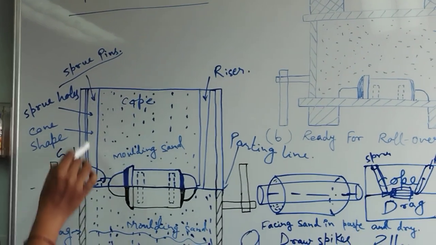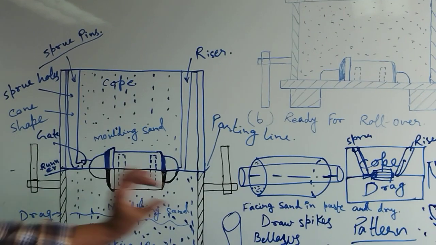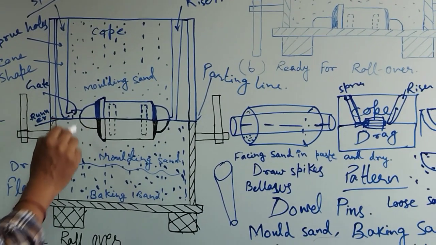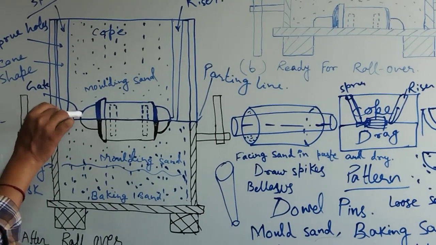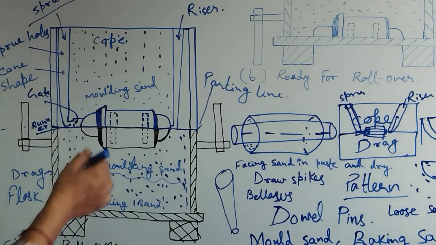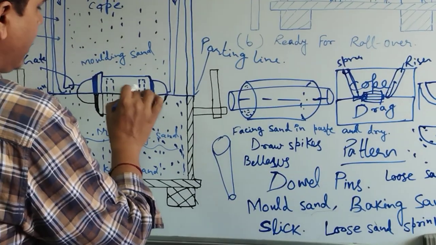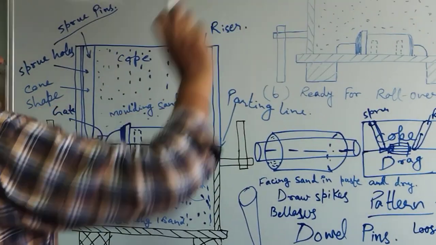Now this is the runner portion through which the molten metal passes, and then it goes through the gate into the mold cavity and fills it up, then goes up the riser.